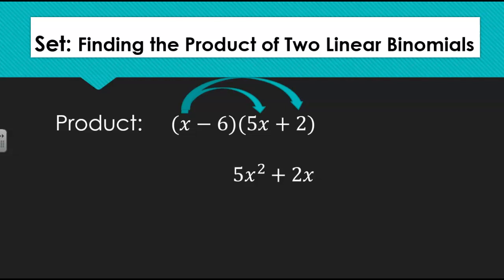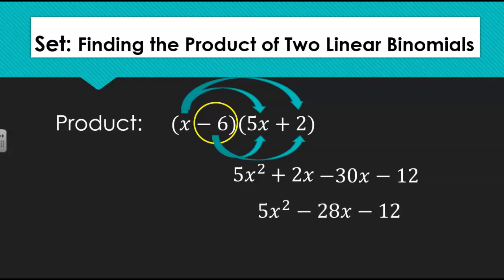X times 5x is 5x squared, and x times 2 is 2x. Next, we'll take the second term in the first set of parentheses and distribute it to each of the terms in the second set of parentheses. Negative 6 times 5x is negative 30x. Negative 6 times 2 is negative 12.